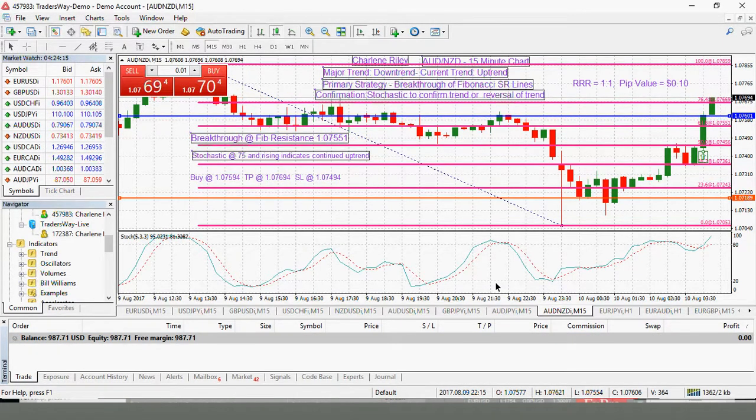And there we have it. It has broken through and looks to still be going higher, but I'm going to take my 10 pips, and that's going to be that for right now.